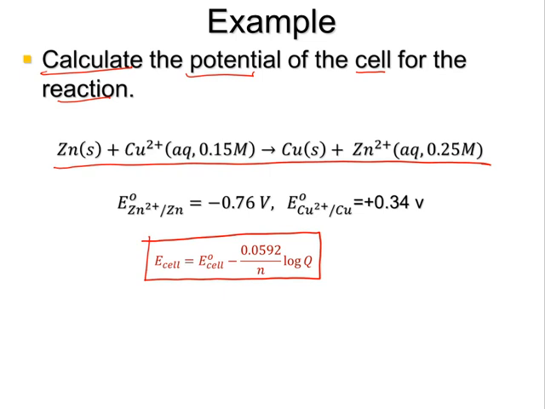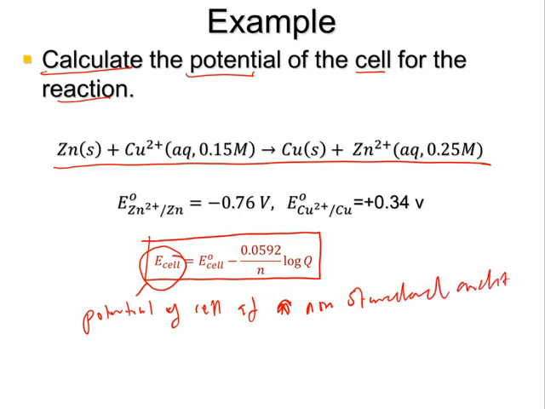So what we need to do first is determine this parameter here, which is the potential of the cell at non-standard condition. All right. So the job that we have to do is to calculate the cell potential at non-standard condition.